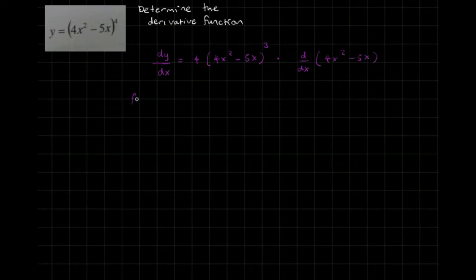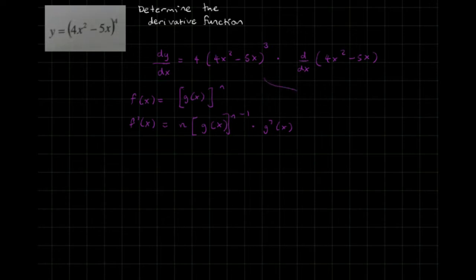Recall that we use chain rule if f of x is equal to g of x to the power of n. So f prime of x, or dy over dx, is n times g of x to the n minus 1, and then we have to do the derivative of the inside, g prime of x. So that's basically chain rule.